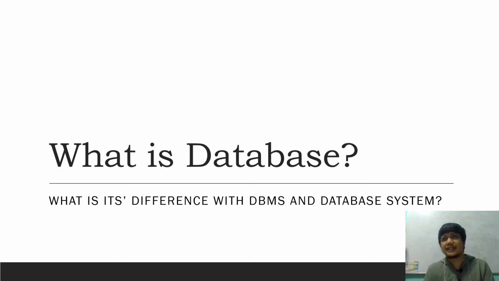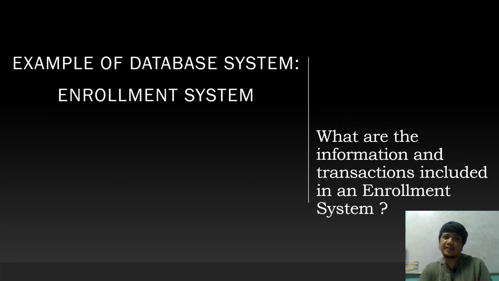And what is an example of a particular database system? On the screen you can see the enrollment system, because that is so familiar to each and every one of you, since you have experienced using that particular system.